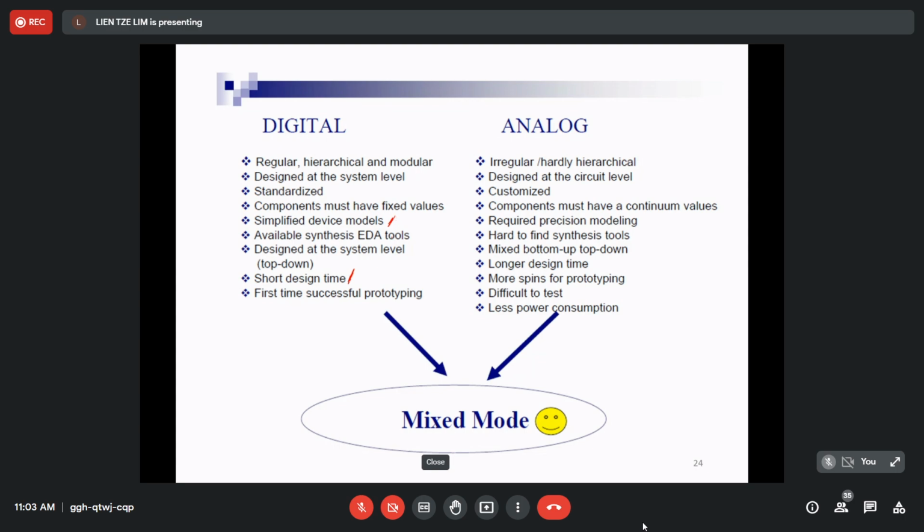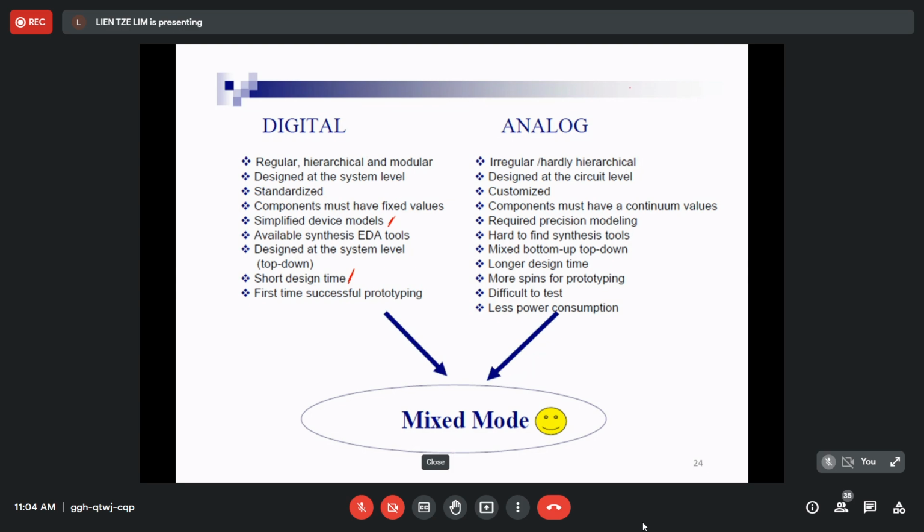And available synthesis EDA tools, meaning that the tools are easily available. We can find the tools to design the digital IC. Design at the system level, first time successful prototyping. So these are some of the characteristics and advantages stated here for digital IC.